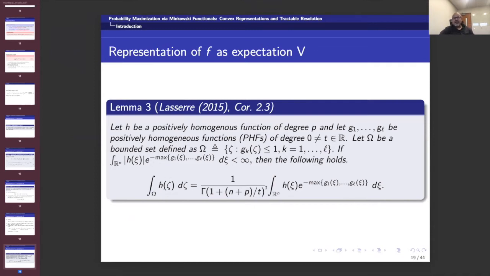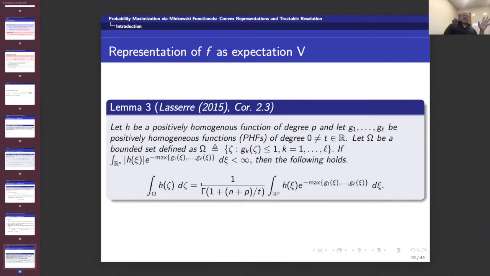This is given by the integral with respect to d zeta. It's equal to an integral with respect to d psi, where you replace h of zeta by h of psi, and you introduce this exponential function, where you take e raised to minus the max of all of these components, g1 to g sub l, where omega is defined in terms of these gk's, right?